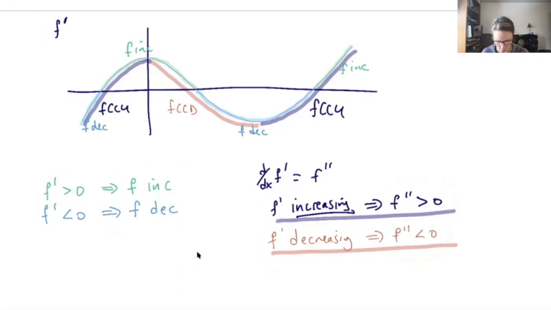And one thing that I think trips students up is whether you're talking about if the values are increasing or if the slopes are increasing. So really watch your language. When I say f prime is increasing, I'm talking about the values of f prime going up. As x is moving in the positive direction, if the y values are also moving up, that's increasing. If the y values are moving down, that's decreasing.